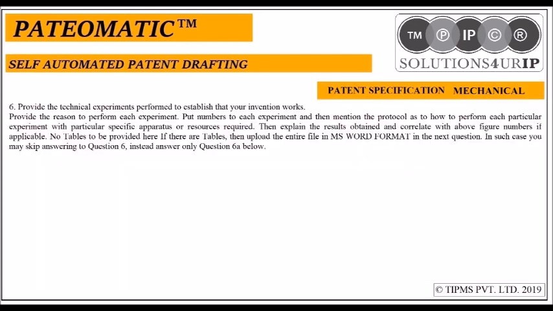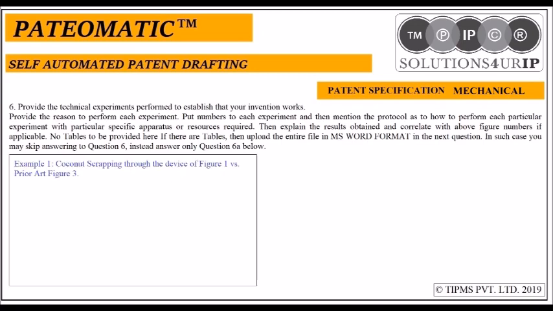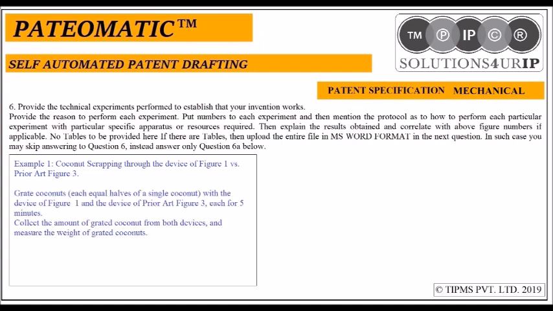Now, we should explain the working of the invention by way of experimental examples. Each working example is performed in comparison with the most recent priorly available coconut cutting tool, that is prior art figure 3 as shown here.